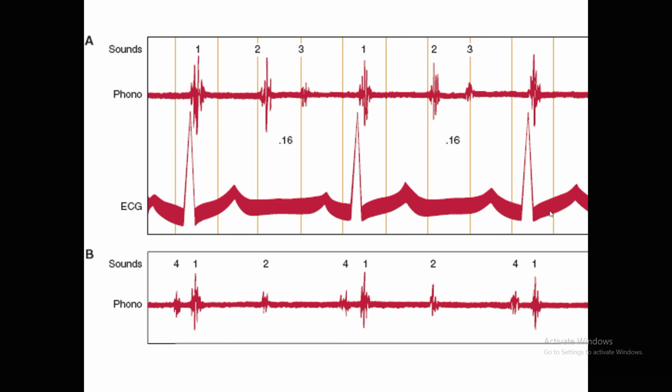Another finding is a prominent S4. The fourth heart sound is very often recorded. This is due to the atrial contraction against the increased end-diastolic volume and increased end-diastolic pressure, especially in the left ventricle.